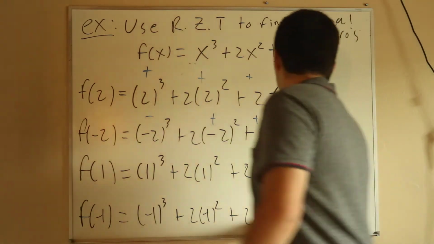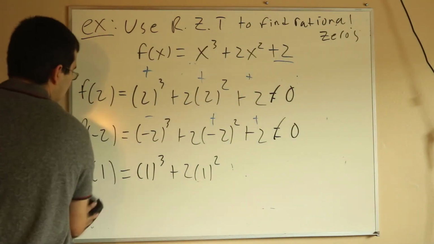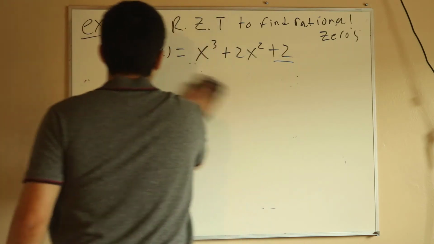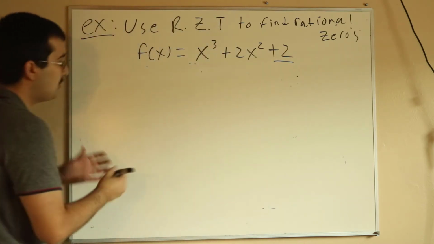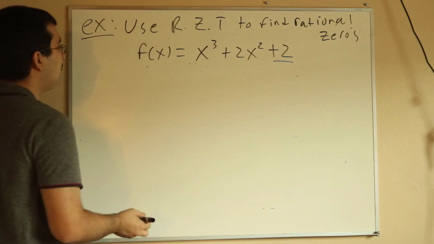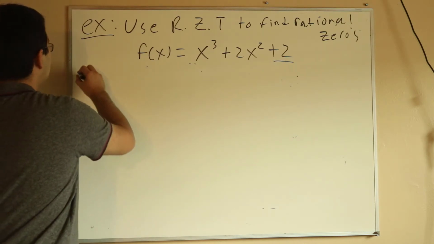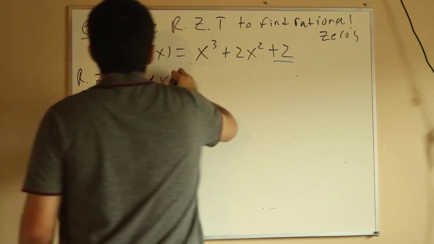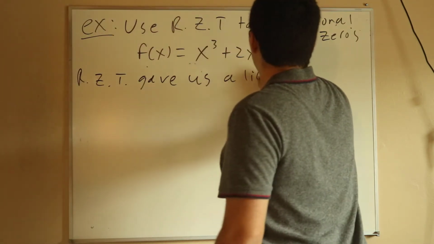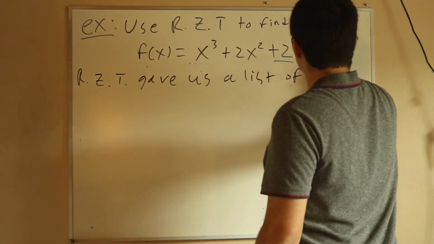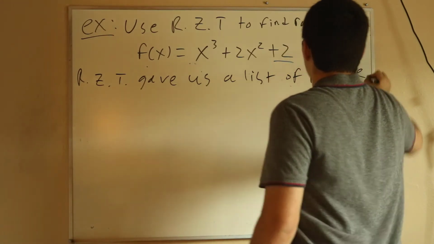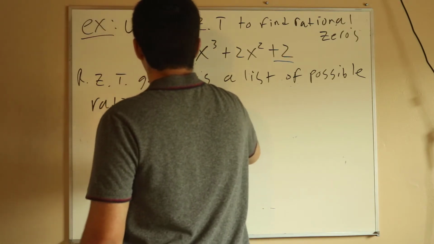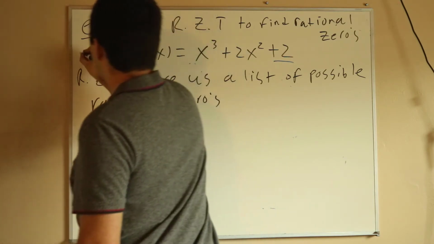Okay, so just to review, the point we've reached in this example is that we now understand that the rational zeros test gave us a list of possible rational zeros. That was the first thing that happened.